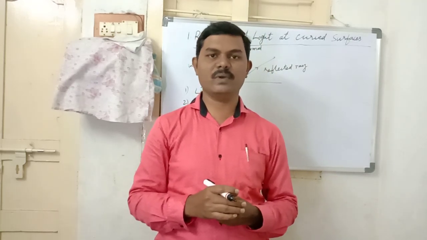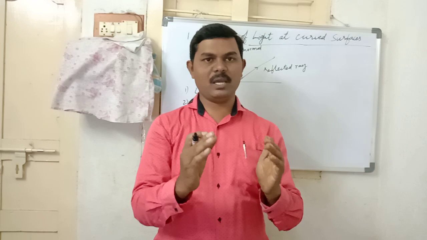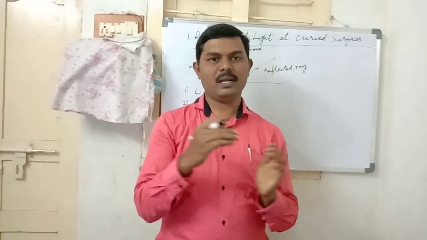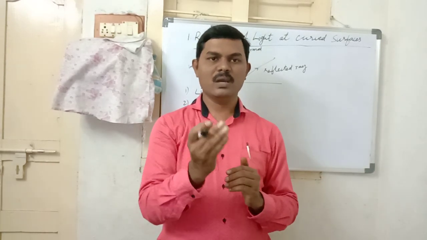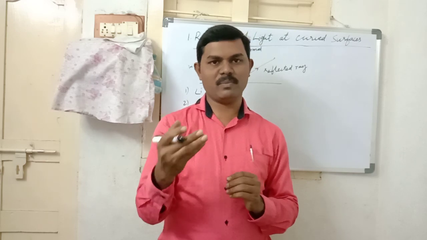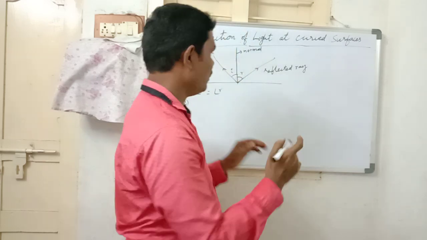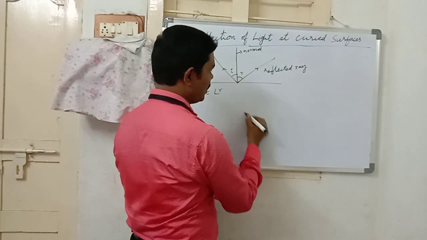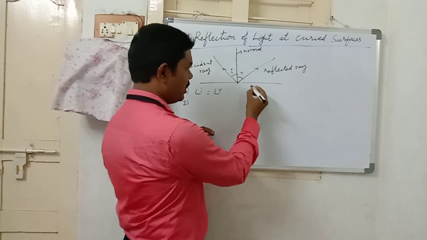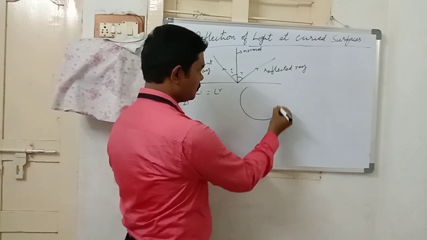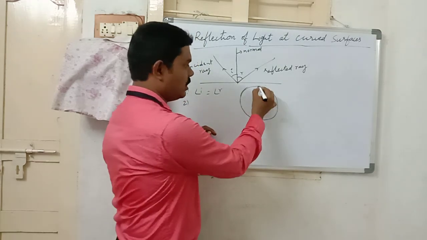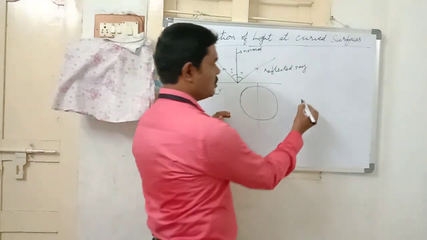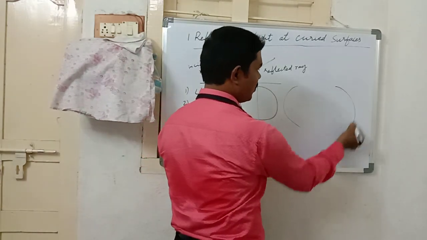In this lesson, we are going to discuss especially the concave mirror and convex mirror. Let us see what is meant by concave mirror and what is meant by convex mirror. If you take a spherical ball and cut it into two halves, this is one part and this is another part.